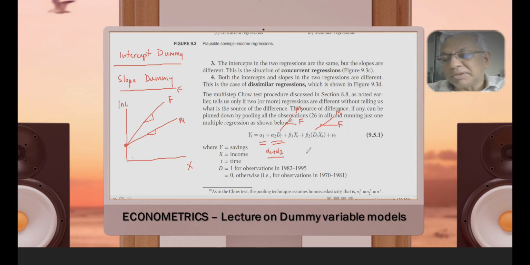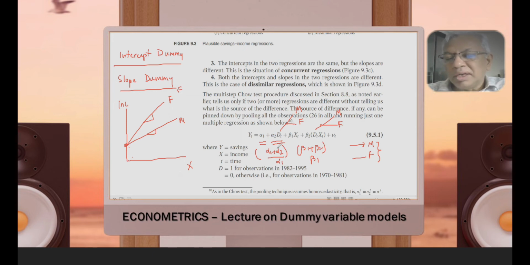Remember, this is at the population. And the slope is beta 1 plus beta 2. So we have both slope and intercept. This is for male. For female, this will be only alpha 1 because d will be 0, and this will be 0. So it will be alpha 1 and this will be beta 1. So realize that we have both slope and intercept, both of them are different.